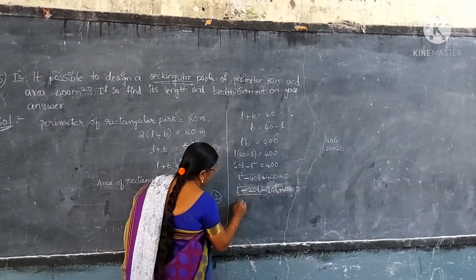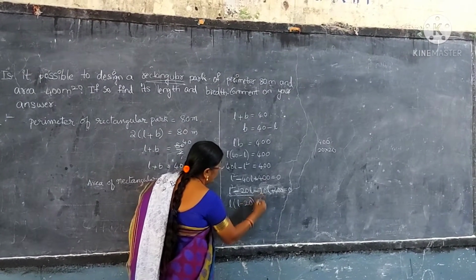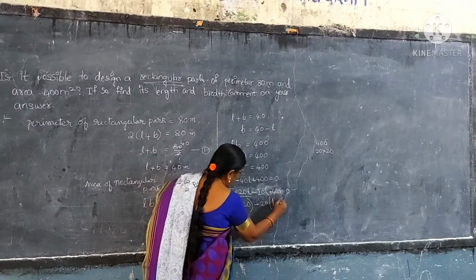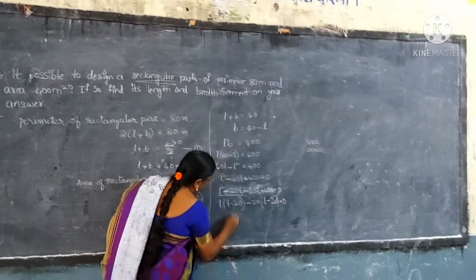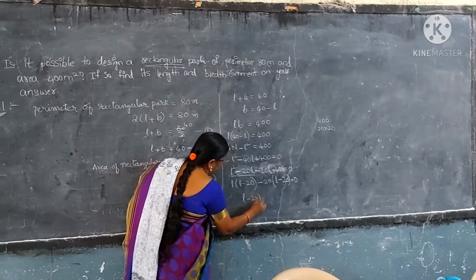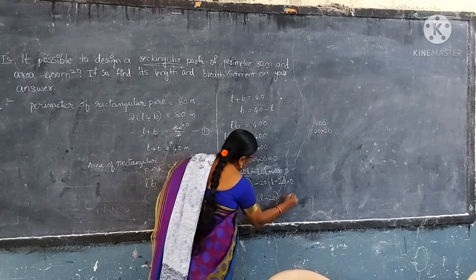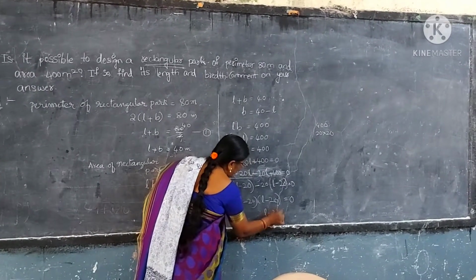From this I can get L into (L minus 20). From here minus 20 is common. So L minus 20 into (L minus 20) is equal to 0. So it is (L minus 20) whole square.